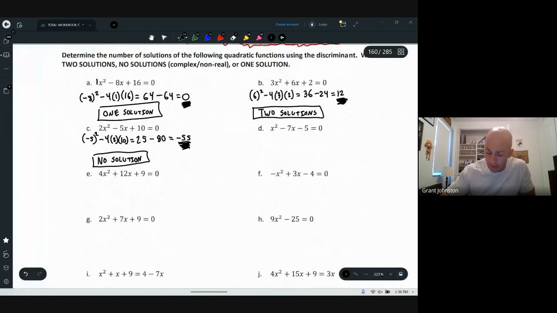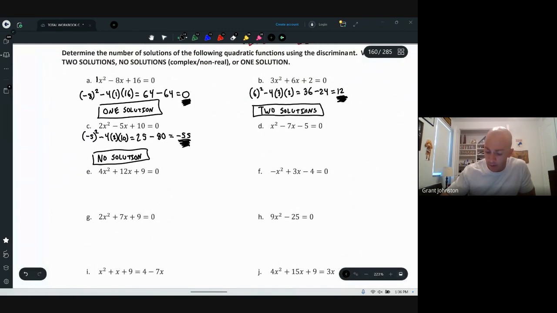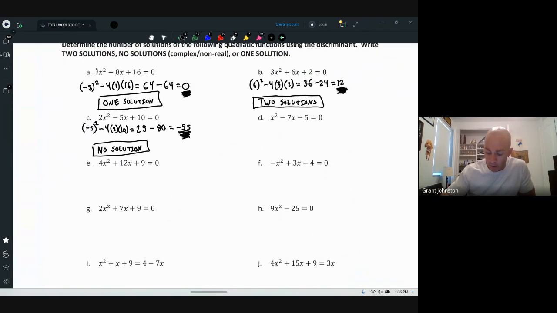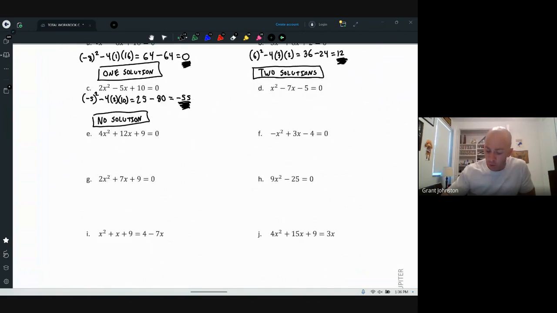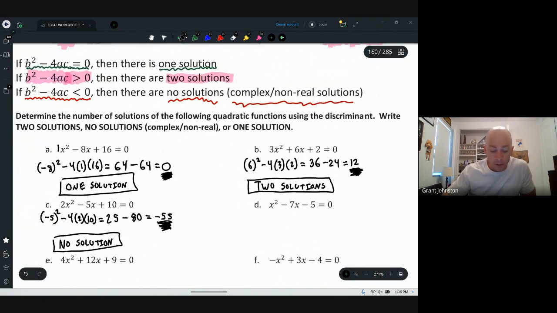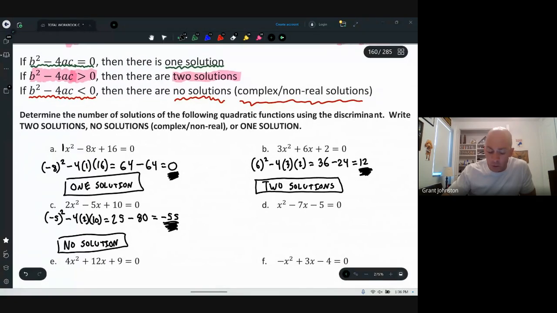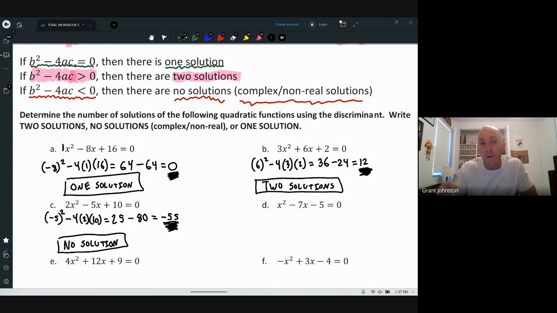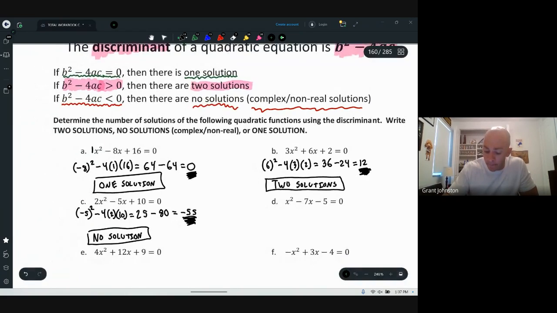So I hope that makes sense. So basically, remember, if the b squared minus 4ac equals 0, there's one solution. If it's greater than 0, there's two solutions. If it's less than 0, aka negative, there's no solution.